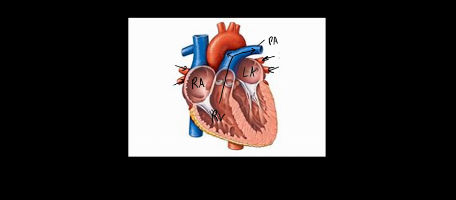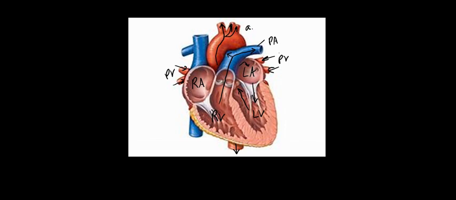So this is my pulmonary vein on either side, filtering into the left atrium, then going through to the left ventricle before being pumped up through the heart to the aorta, which is going to go up to the top of the body through here, or down towards the bottom of the body down here.